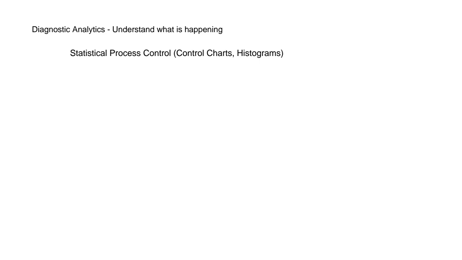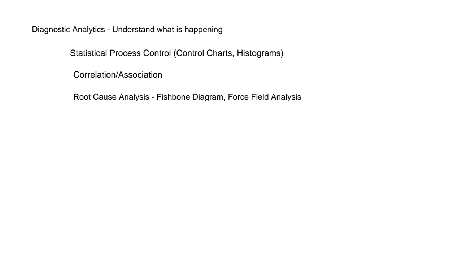Again, correlation and association are very useful. We might be using other techniques from root cause analysis, even some brainstorming techniques like a fishbone diagram or force field analysis. There are a bunch of techniques for trying to get to the root cause of a problem. You might also need design of experiments.